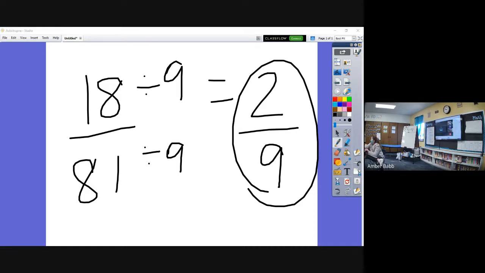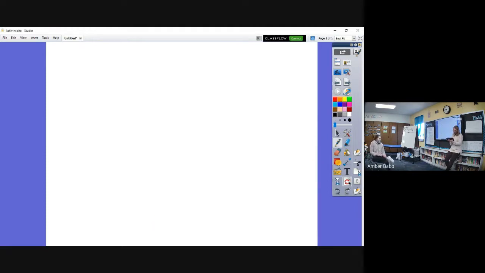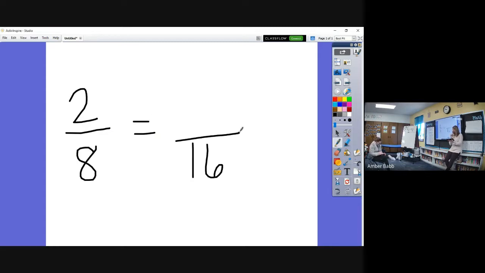Okay, we're going to have to move a little bit quicker to get through everything. All right, now we're going to do equivalent fractions. So if I said 2/8 is equal to something over 16. What do I do to turn an 8 into a 16?